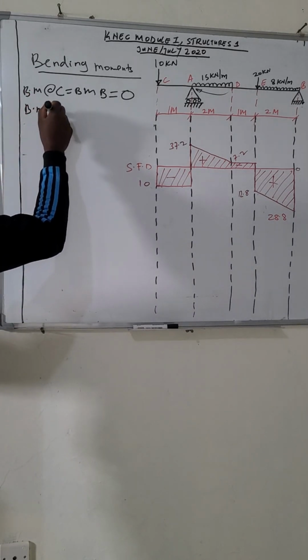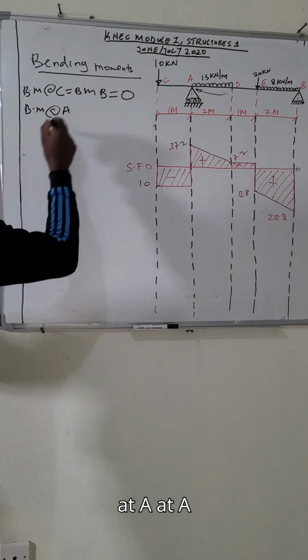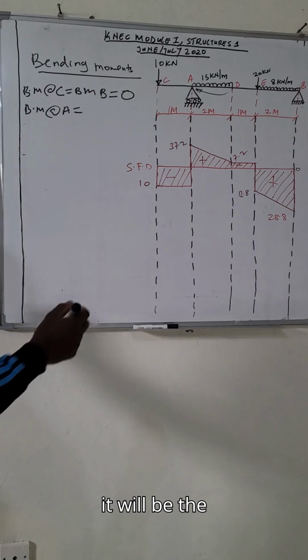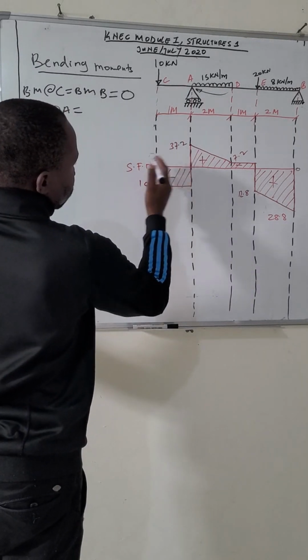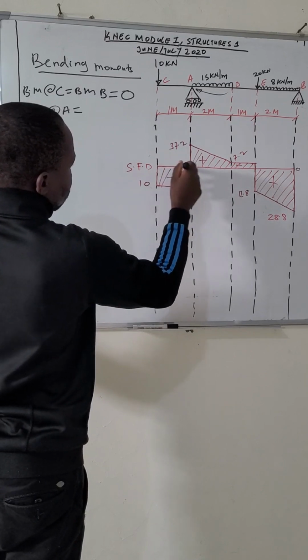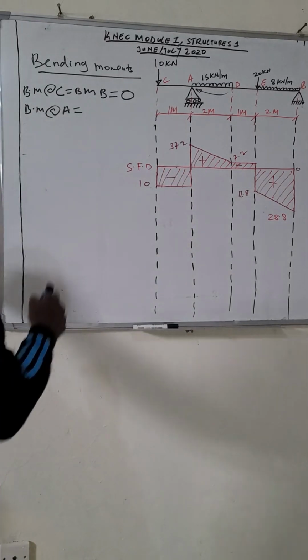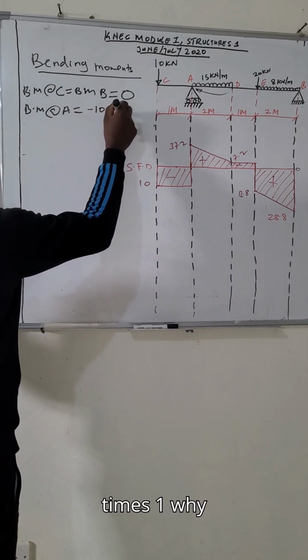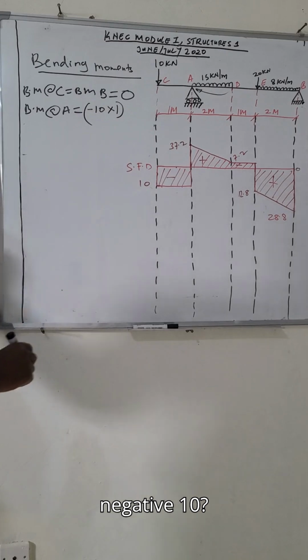Bending moment at A. At A, it will be the area of this rectangle. So it will be negative 10 times 1. Why negative 10?